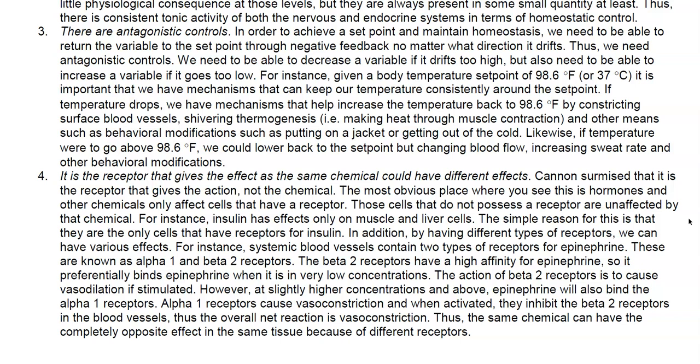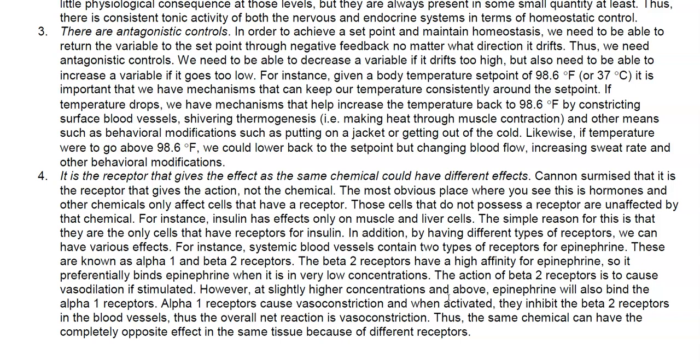The fourth postulate would be it's the receptor that gives the effect, not the chemical. So what it means is we could have the exact same chemical in our body, and if it binds to a different type of receptor, it could have completely the opposite effects. A great example of that is norepinephrine. When norepinephrine binds to an alpha-1 receptor, it causes smooth muscle to contract, and it constricts a blood vessel, as an example.